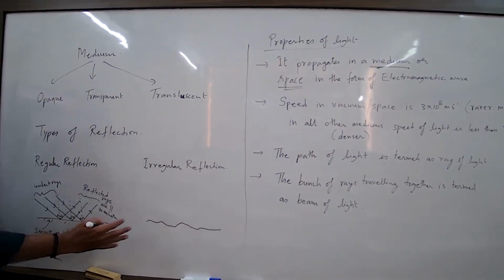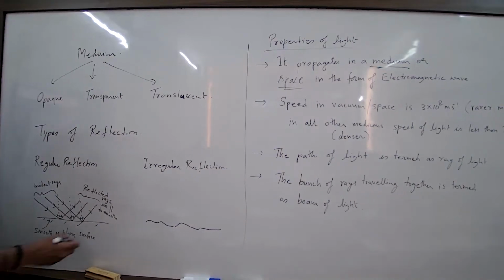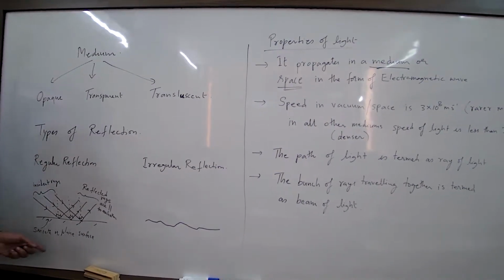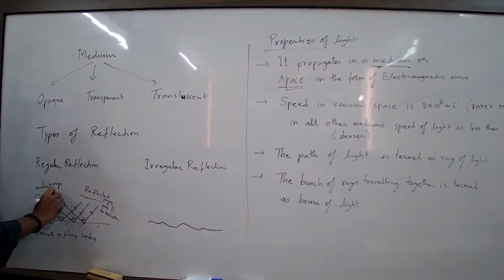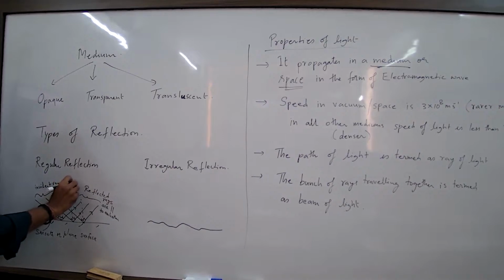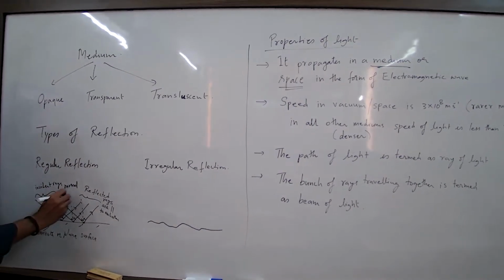Now for a plane surface, the normal is a perpendicular, right? What about an irregular surface? Because to draw the reflected line, we require a normal, right? So what is a normal on this surface? This is a normal. So for a plane surface, it is just a perpendicular.